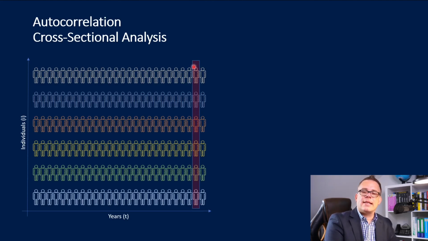That is cross-sectional analysis. Autocorrelation means a correlation inside one individual. So if the year before influences this year, that's autocorrelation.